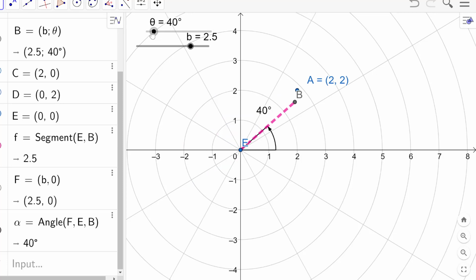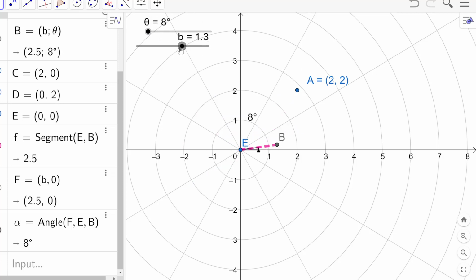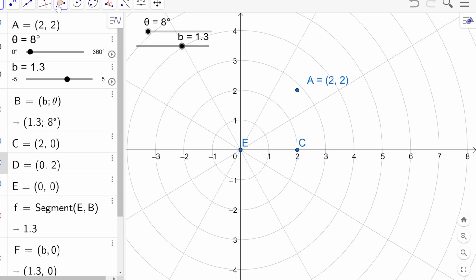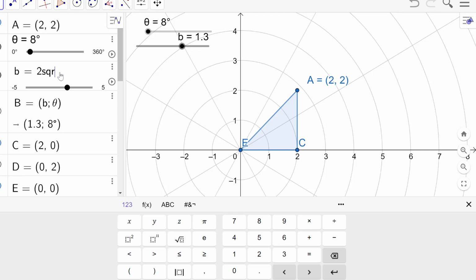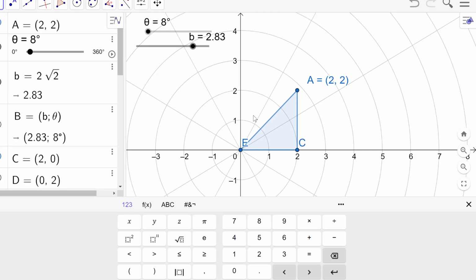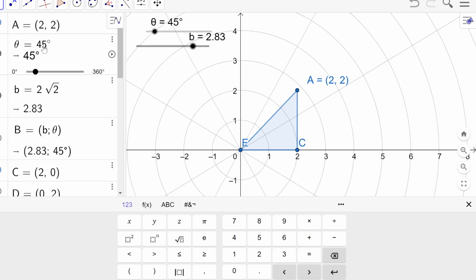Now let's talk about how to get the r value if I want to convert (2, 2) to polar units. The first thing I need to do is make a triangle. Now that I have a triangle, I can use the Pythagorean theorem to find this side. I know that this length is 2 and this length is 2, so the radius, or r, is 2 square root of 2. And it's a 45-45-90 triangle because it's isosceles, so this angle is 45 degrees.